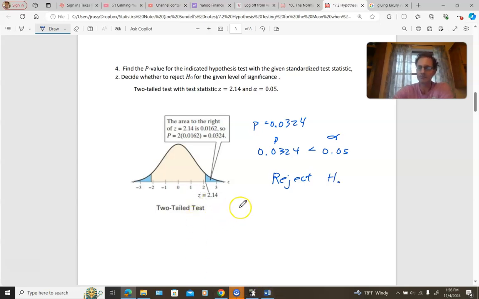In other words, that test statistic, when standardized, is far enough away from the mean that we can say that if the hypothesized mean is correct, the likelihood of me getting a sample statistic that far away from the mean is only 3.24%. Okay? That far or farther from the mean.